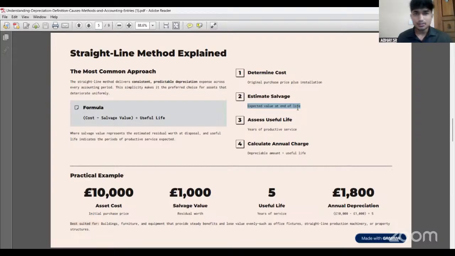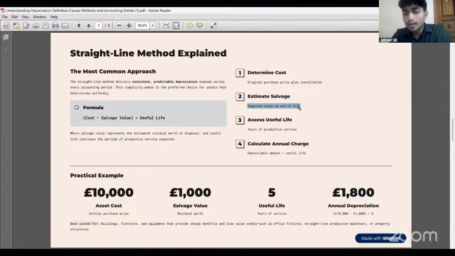Its purpose is over; its useful life is over. There would be some items to salvage or sell as scrap, right? If I buy machinery made of metal, I can literally salvage it, sell it as scrap. That value is called salvage value: the expected value at the end of its life.